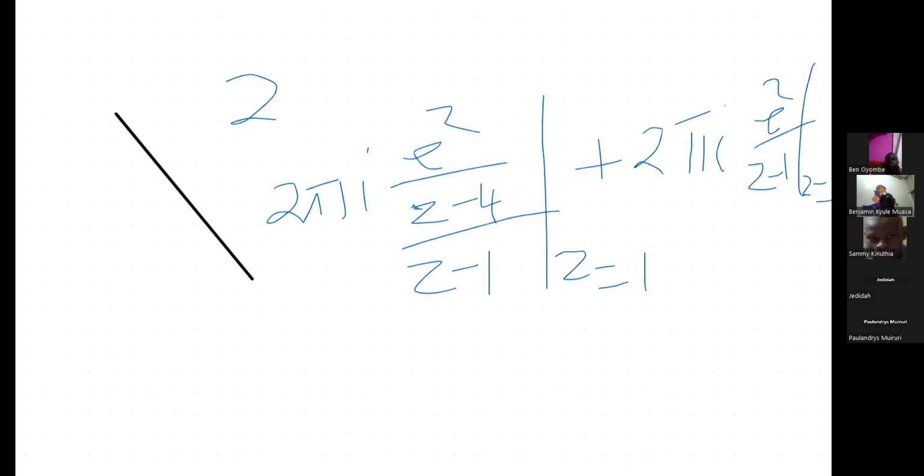You see that one? But now this one here was 0. This was 0 because the z minus 4 was outside, so it was 0. That's why it's not there.